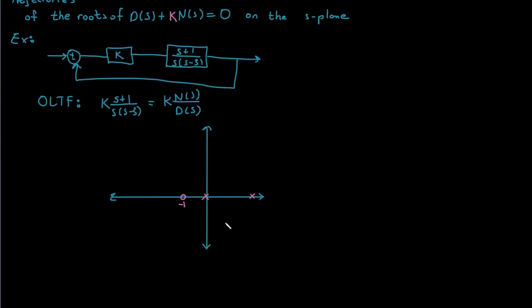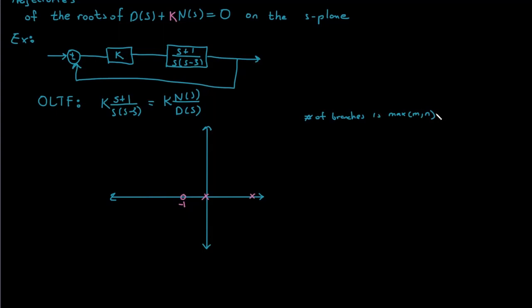As you know, we do have a set of rules for plotting the root locus. For example, the number of branches is the maximum of m and n, the degree of the numerator and the degree of the denominator polynomial.